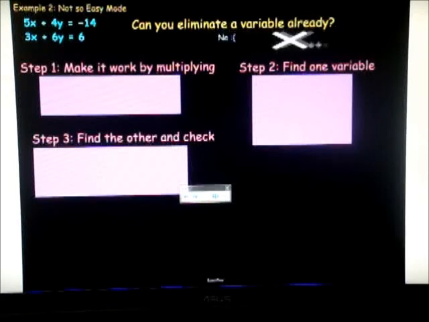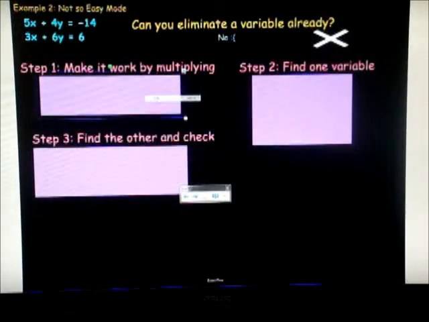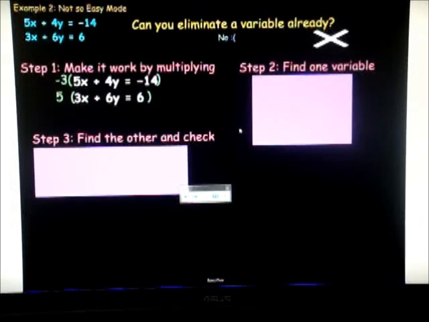So if I can't eliminate a variable, it does add another step, but it's not too bad. My strategy when making something work is figuring out how to make one of them positive, one of them negative, and to have 2 numbers that match. Let me show you what I chose to do. I usually choose to take care of the x, unless I can see the y a lot clearer.